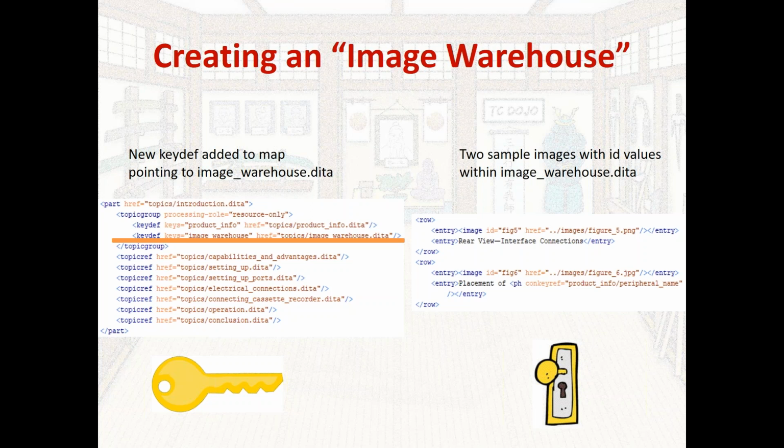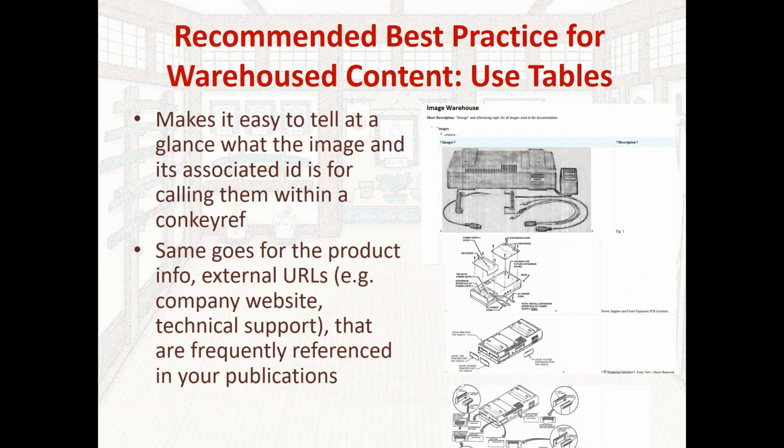So on the left-hand side, we're saying, hey, go here to find information about these particular images, and on the right-hand side, it's referencing the actual specific instances of those images. Okay, another thing is a recommended best practice for, whoops, it's not going to the next page. Hang on a second. There we go.